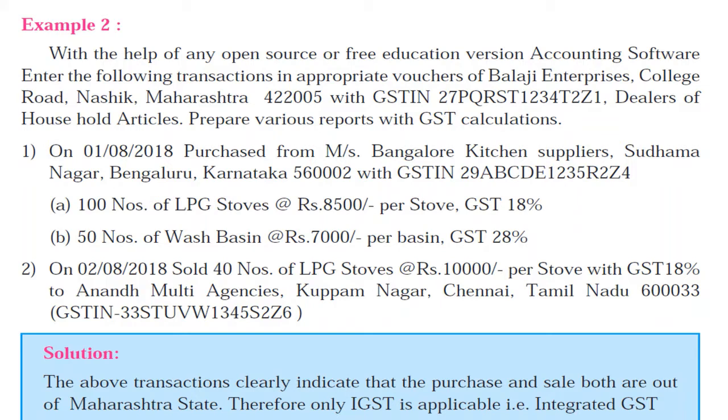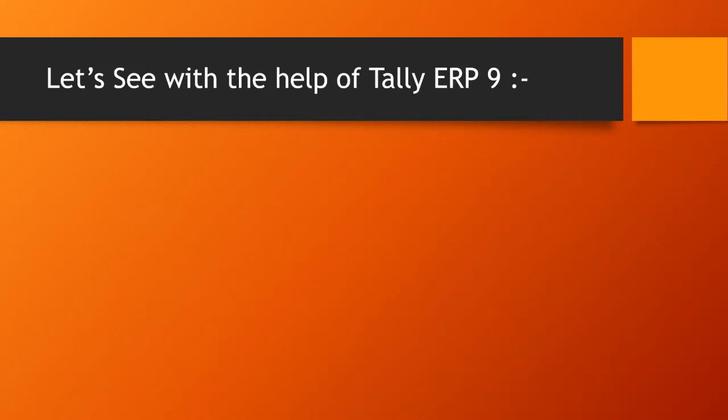That's why IGST is applicable for the taxes, that is integrated taxes. Based on these conditions, we have to generate the different reports with the GST calculations. So let's see this example with the help of Tally ERP 9.